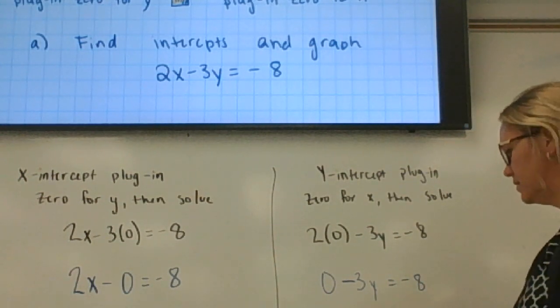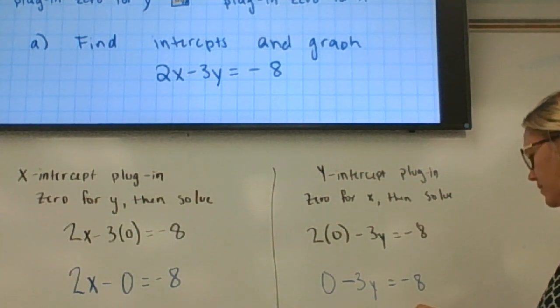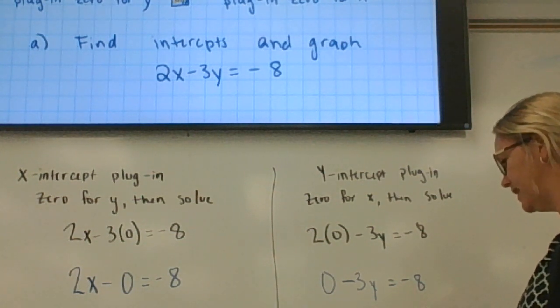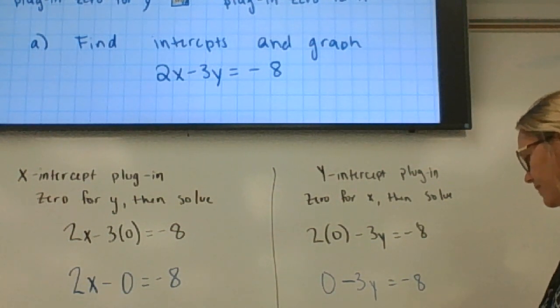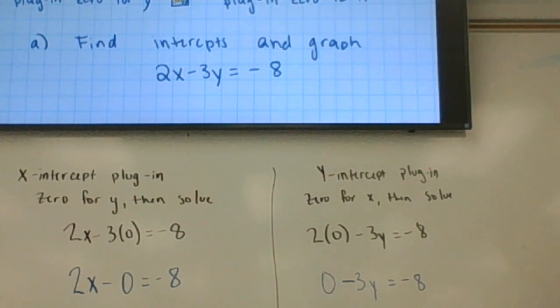So I got negative 3y equals negative 8, and I divide, and I get y is 8 over 3. So 0, positive 8 over 3. So you have my permission all year.